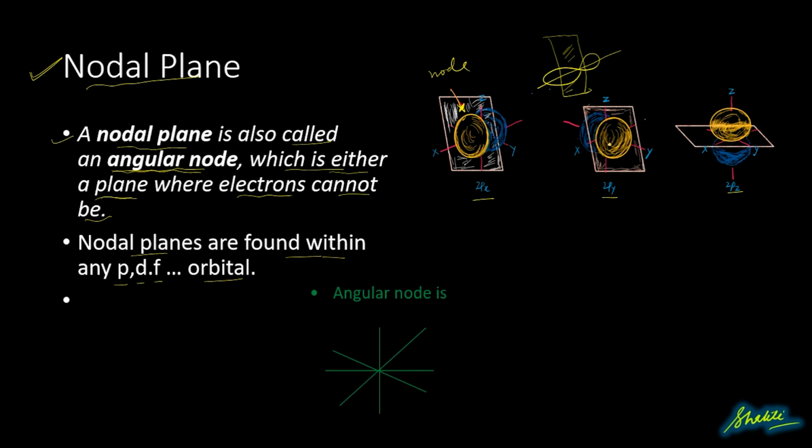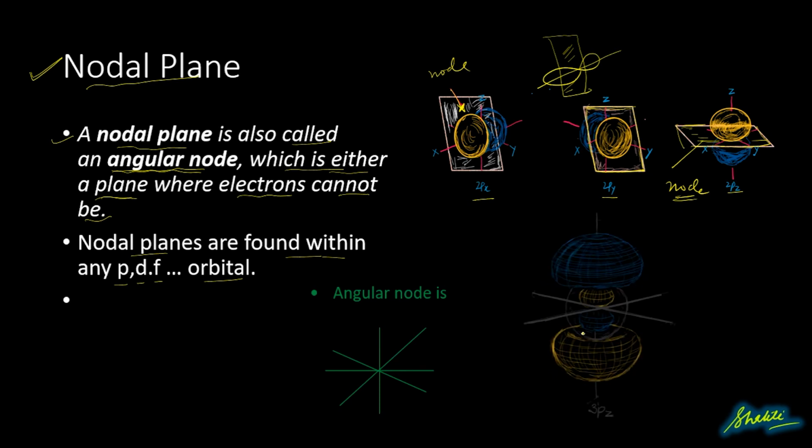Likewise here in py, this region with the white frame is where the probability of finding electrons is 0, and here in the pz orbital also you can see a frame where the probability of finding the electrons is 0. So these are the nodal planes.